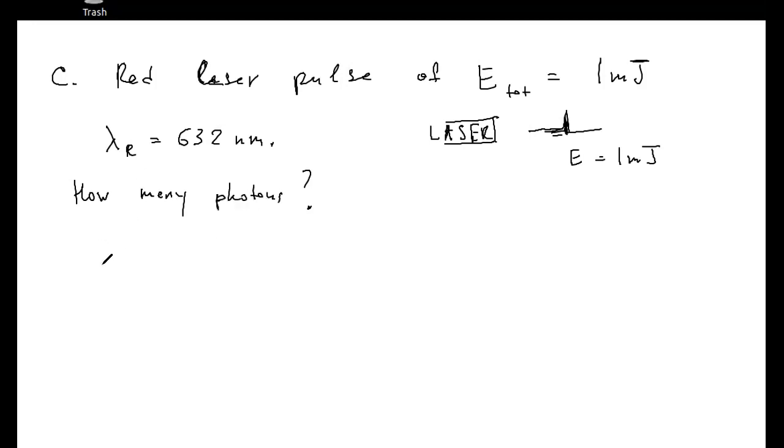Okay, so the energy of one single photon. What equation would you use to find the energy of a photon which corresponds to this wavelength? hc over lambda. Yeah, 1240 nanometer electron volts over the wavelength, which is 632.